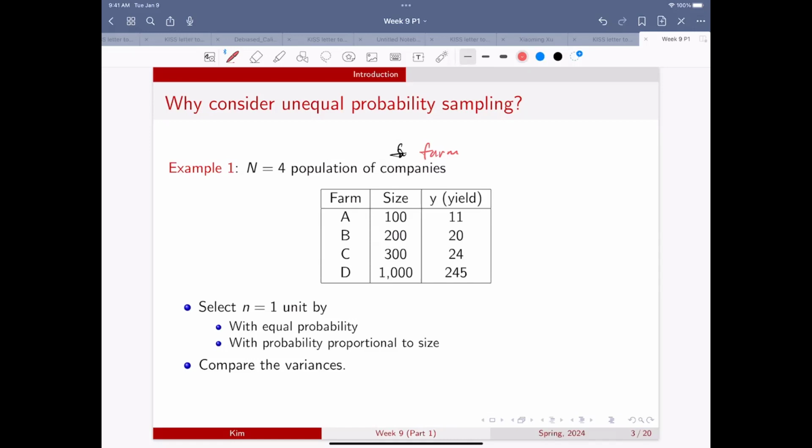So let's consider two options. One is with equal probability. The other one is with probability proportional to size. Equal probability sampling means we have a selection probability of 1 over 4, right?